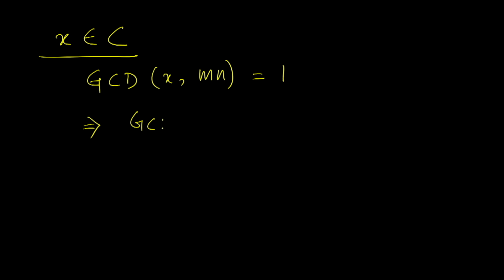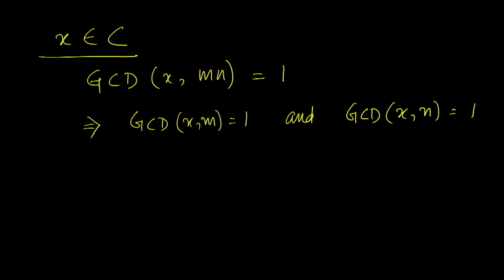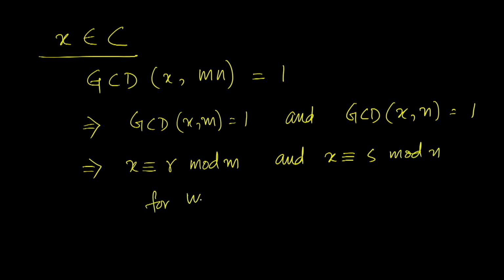Therefore, GCD of X and m should be 1 and the GCD of X and n should be 1, which means X is R mod m and X is S mod n for unique R and S, where R belongs to A and S belongs to B.